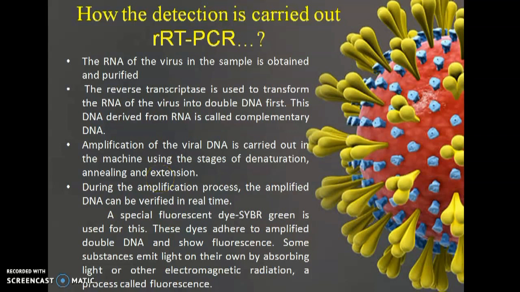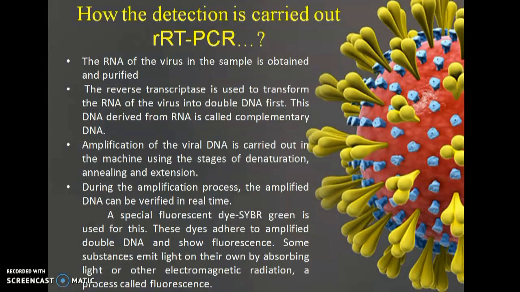In this PCR, that is the RT-PCR, we are actually monitoring the amplification process simultaneously as the reaction proceeds. And for that purpose, we are using a special fluorescent dye called SYBR Green. This dye has a very unique property. It has the ability to bind double-stranded DNA, and once it absorbs light of a particular wavelength, it shows fluorescence.